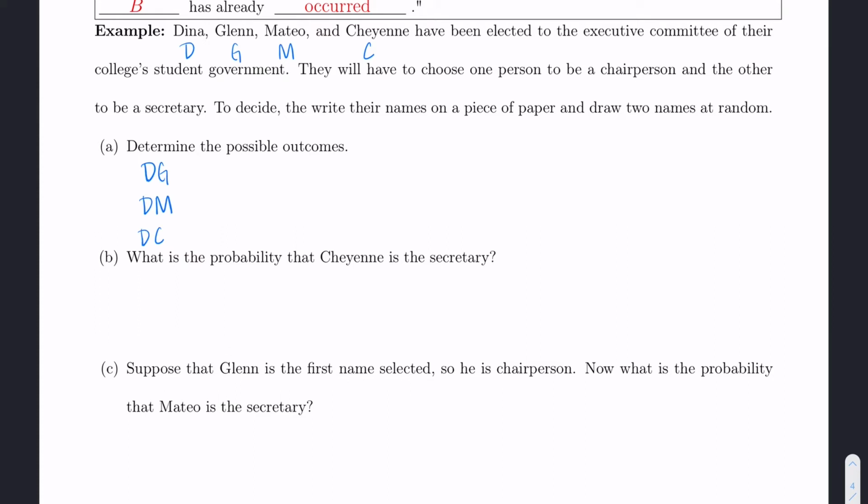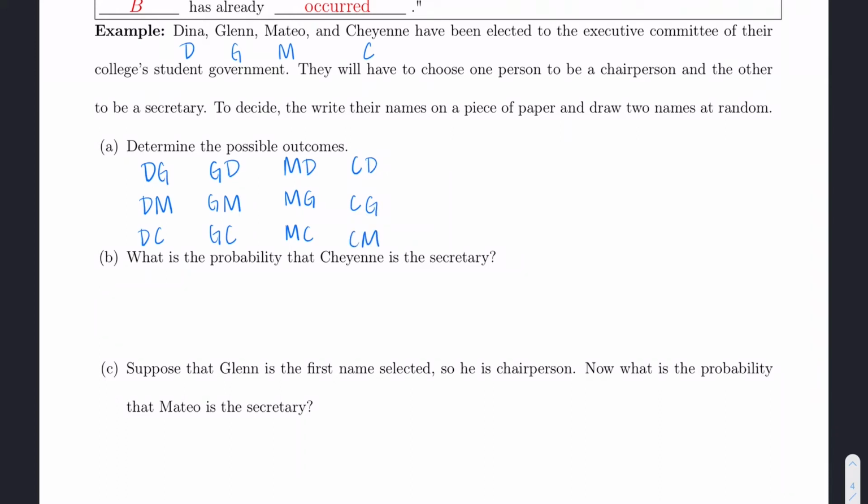Then, what happens if Glenn is the chairperson? If Glenn is the chairperson, then Dina can be the secretary, or Mateo, or Cheyenne. Then I'm going to move on to Mateo. If Mateo is chairperson, then the other 3 can be the secretaries, and the same thing for Cheyenne.